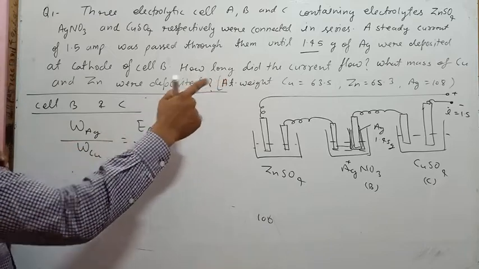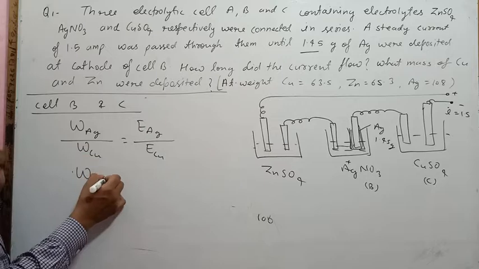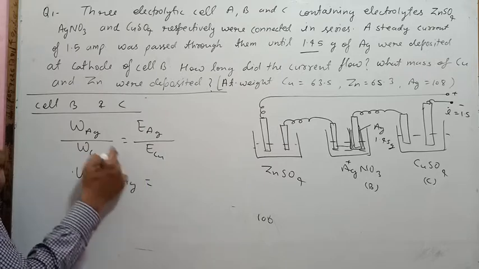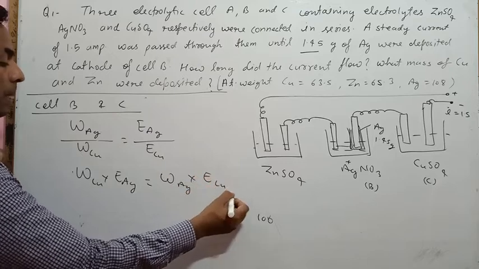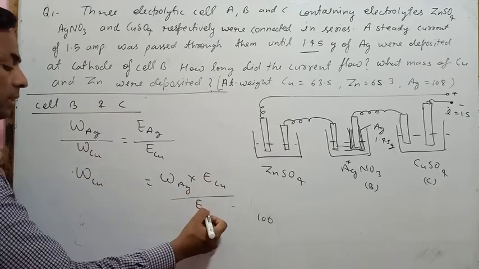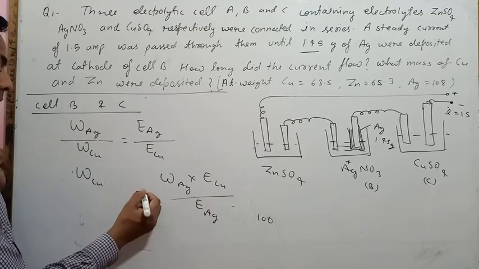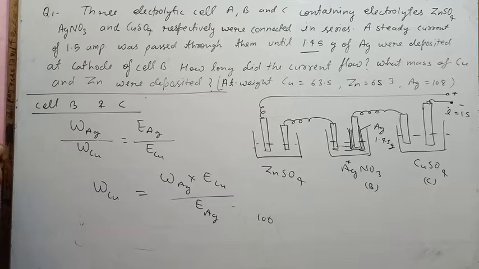The question asks for the mass of copper, so W Cu into E Ag equals W Ag into E Cu, and W Cu equals W Ag into E Cu upon E Ag. So this is the formula for calculating the mass of copper.